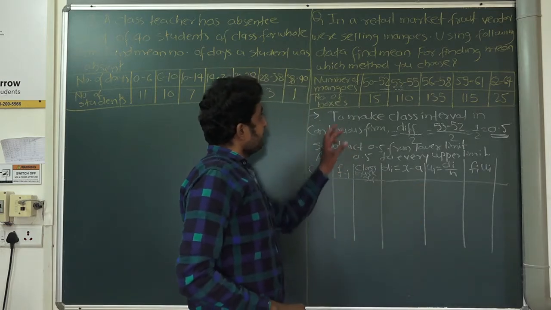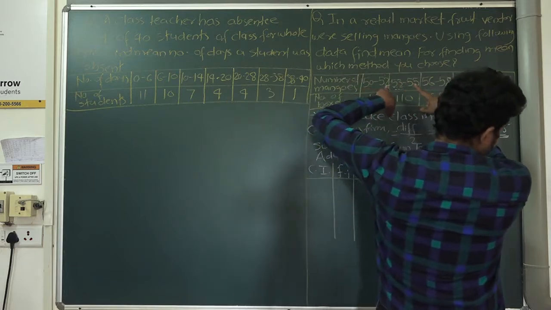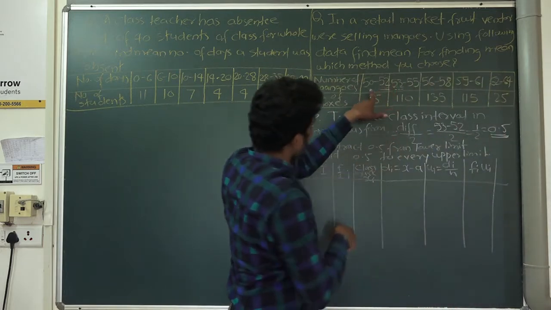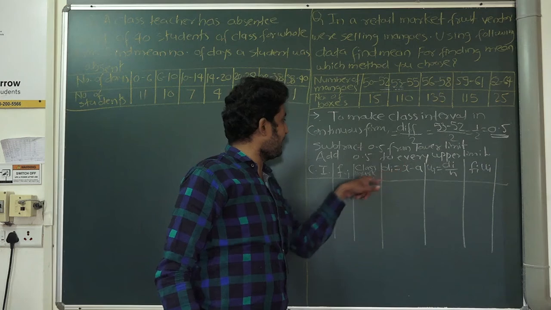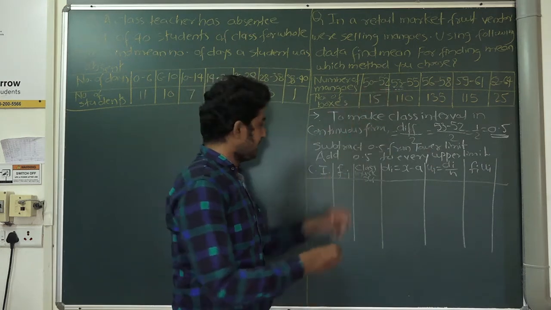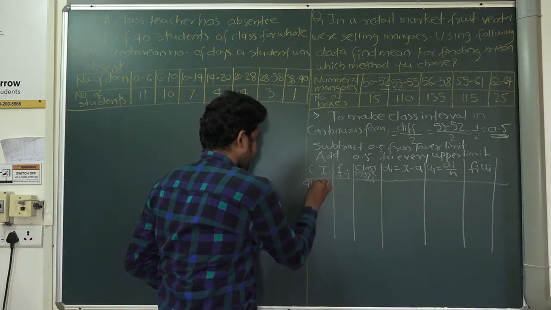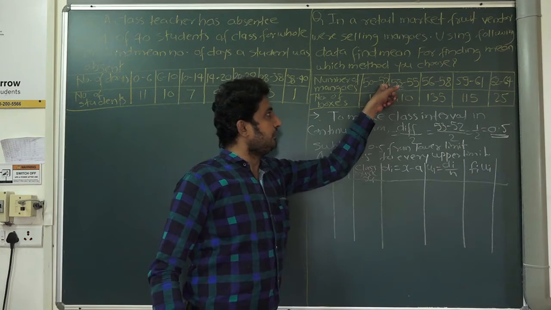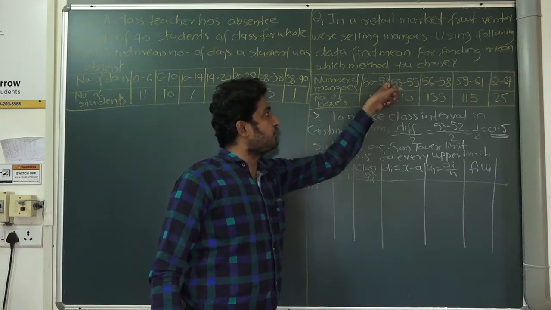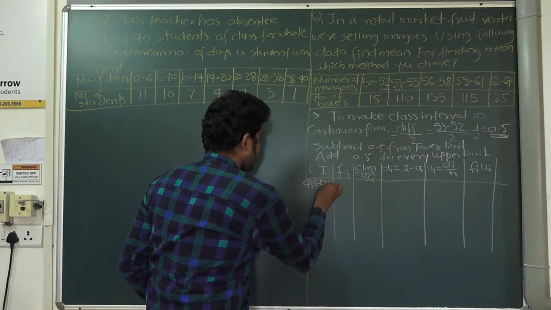Now dear students, to make this class interval continuous, look here, it is 50. So we have to subtract 0.5 from the lower limit. So 50 minus 0.5 becomes 49.5. And add 0.5 to the upper limit. So 52 plus 0.5 becomes 52.5.